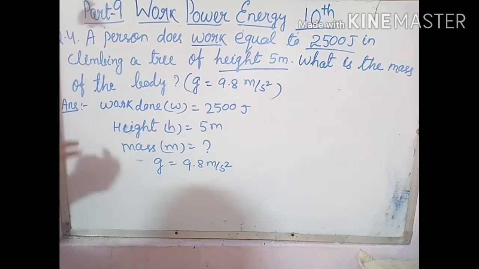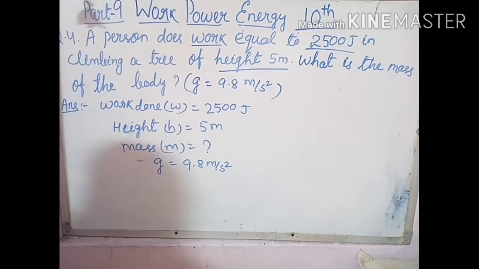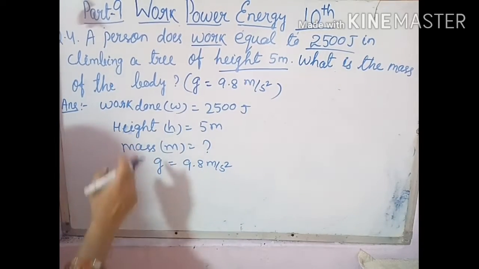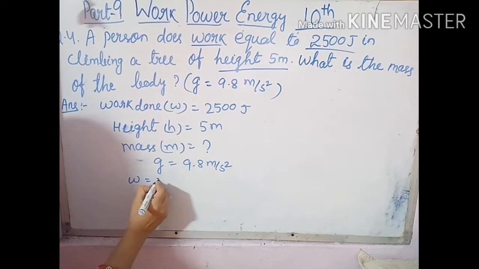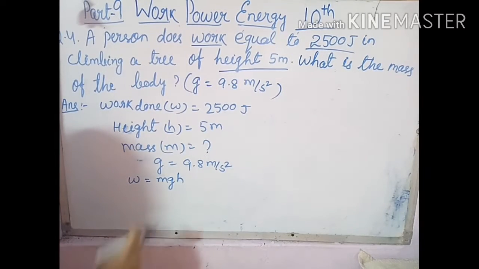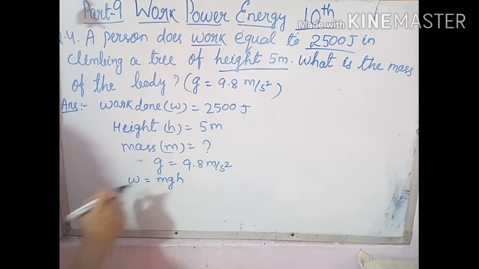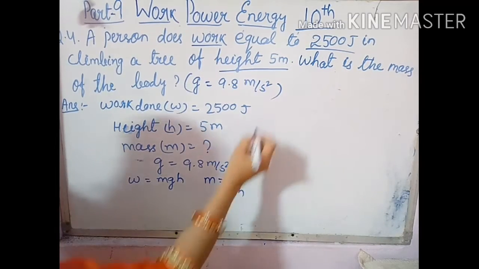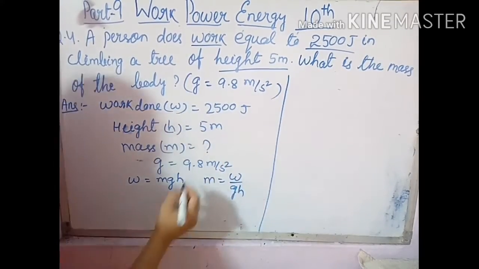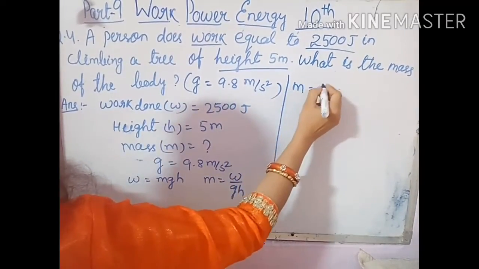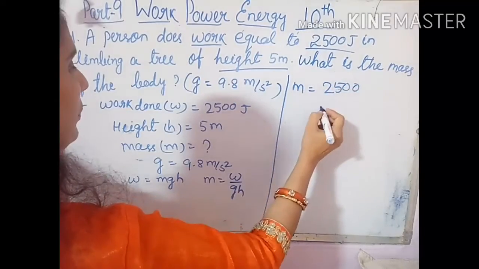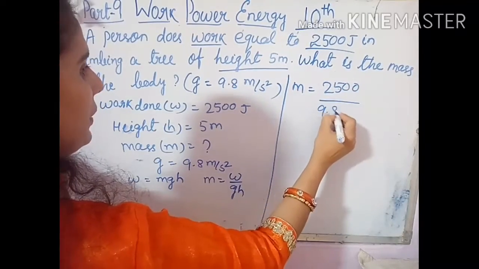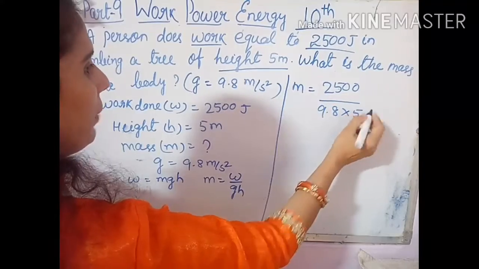So as I told children, if work done is given or work done is asked, you can directly put the formula mgh if anything is going under gravity. So W equal to mgh, you know the formula, but from here we want the mass, then M equal to W by gh. Now M equal to W, which is 2500, by g 9.8 and h is 5.